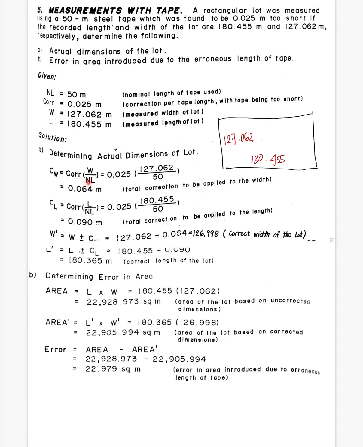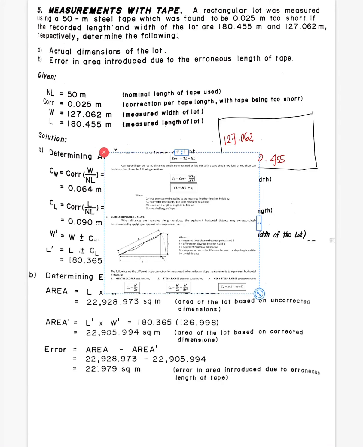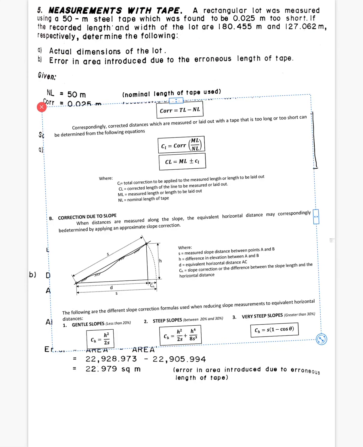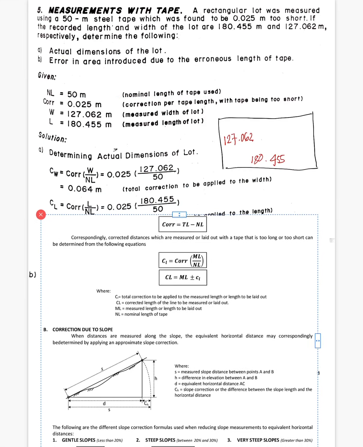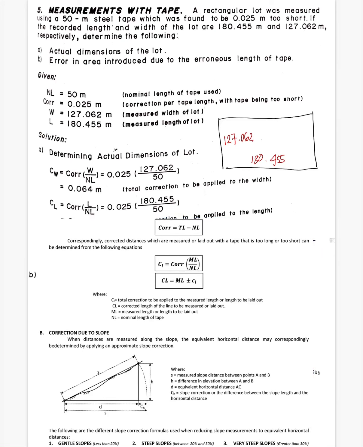Okay, so but for the correction, you have the formula for correction. So that correction is equal to the TL minus the NL, the tape length minus the nominal length of the tape. Okay, and for the C1, that is the total correction to be applied to the measured length or the length to be laid out, that is C1.